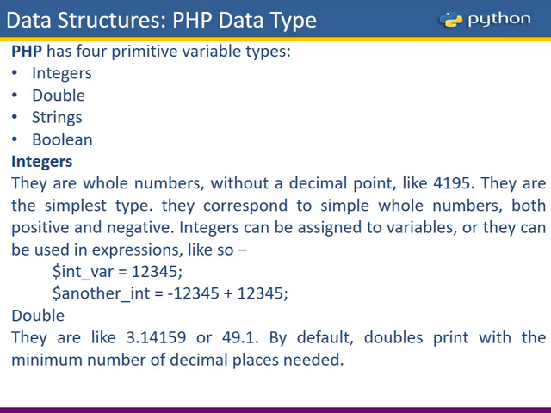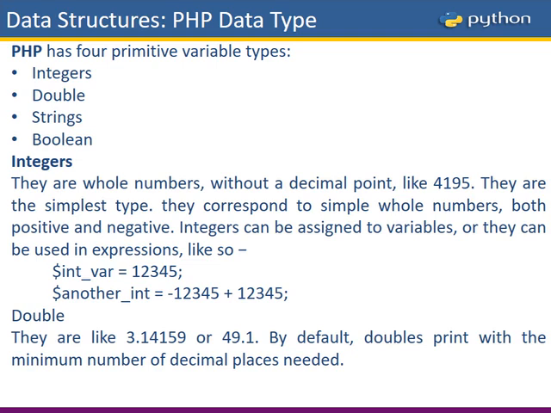The integers are whole numbers, the same as in Python, without a decimal point. We have an example here, like 4195.